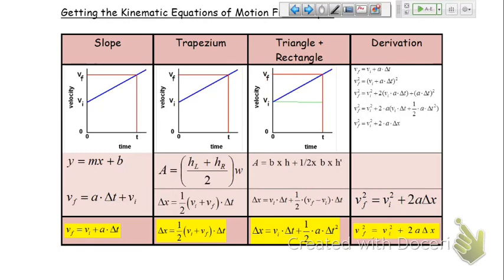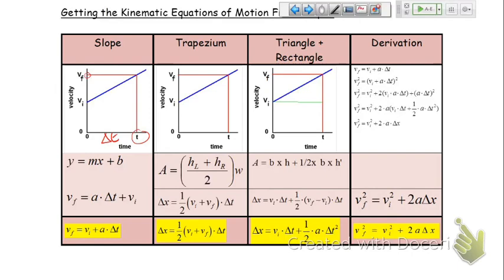So the first thing I do is I say, well, this is a straight line, so y must equal mx plus b. And the y is the answer I get at a given time interval. I'm starting off at 0 here, but I won't always start off at 0, so let's be safe and call this the time interval delta t.